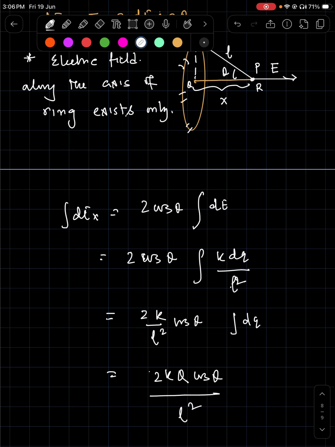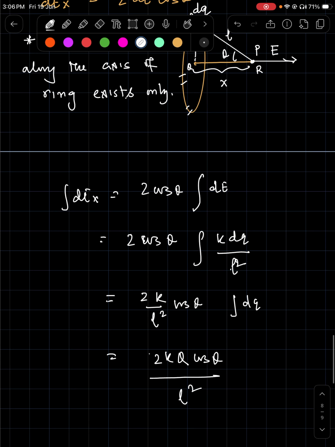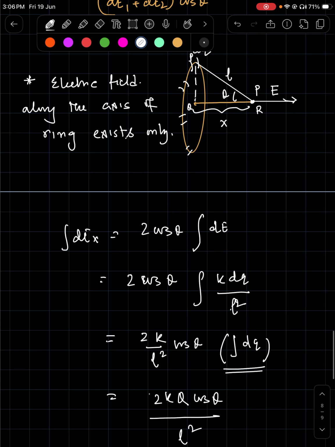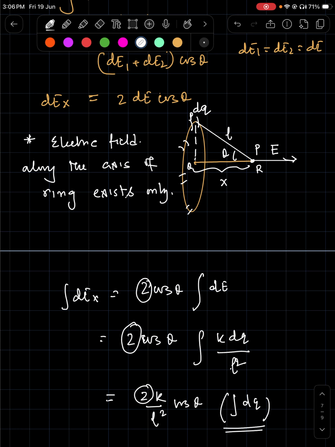One more thing we have to consider: taking the dq integration is very crucial here. We have already taken a factor 2, which appeared because we paired up the elements, taking diametrically opposite pairs.